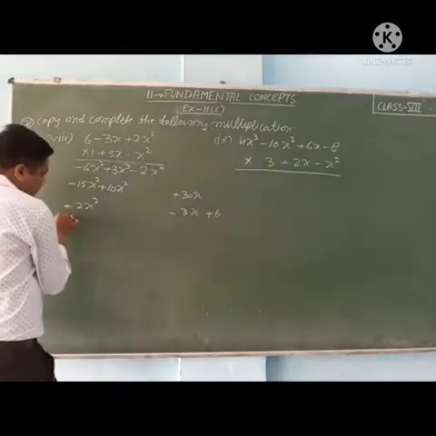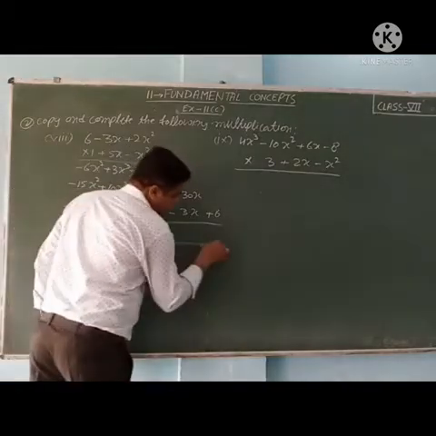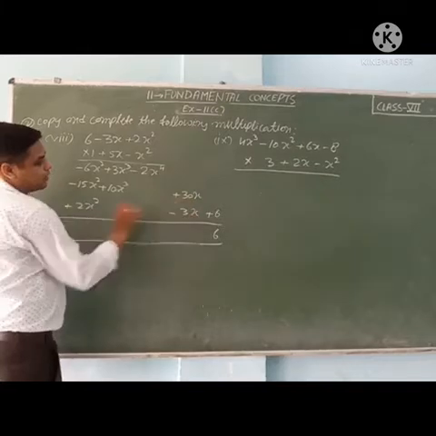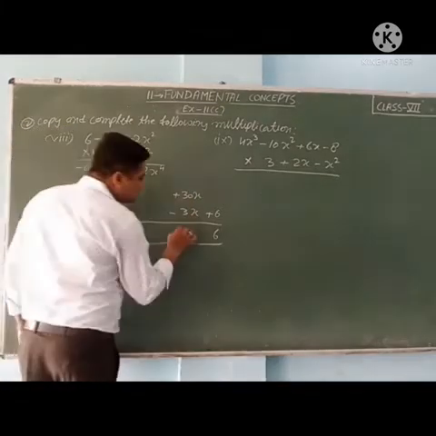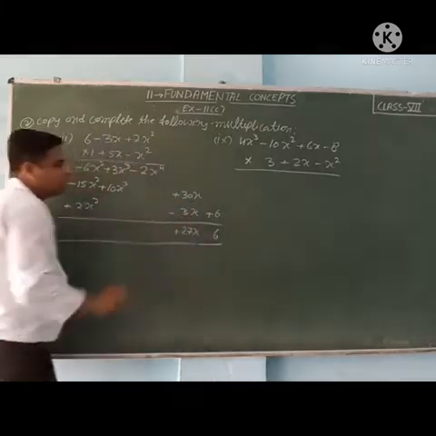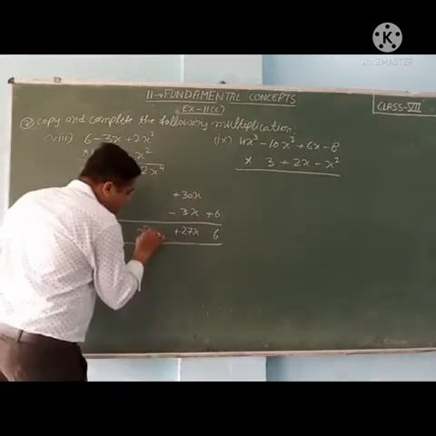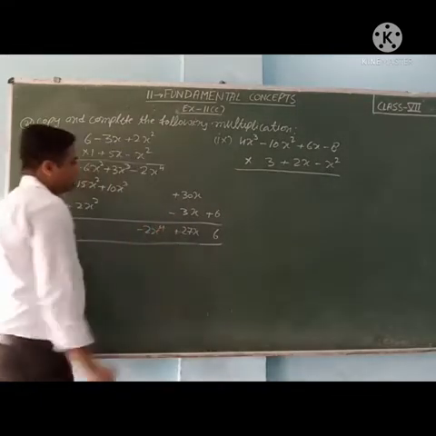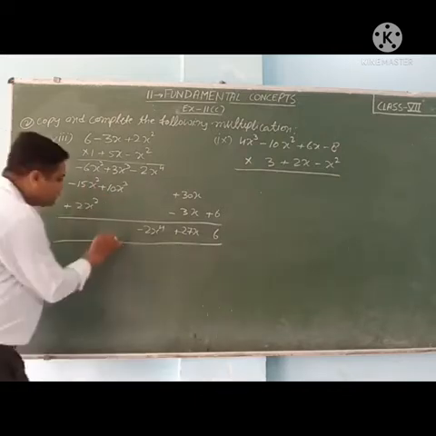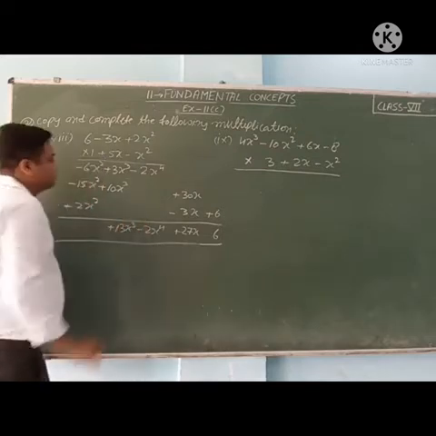Then now we will add and subtract the terms. So 6 as it is. Then plus 30x minus 3x, it will come plus 27x. 30 minus 3, 27. Then minus 2x raised to the power 4. Then plus 3 and plus 10 plus 13x cube.